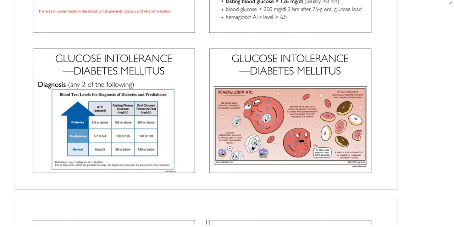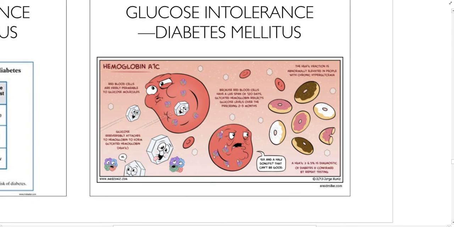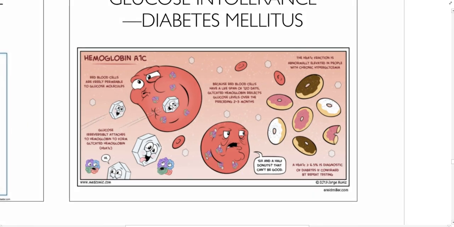And this kind of puts it into another way to look at it. A1C, this is actually a pretty good chart to show what A1C is and how it works. So we've got here our little glucose buddies. These are 5 or 6 carbon sugars to indicate glucose. We have here our red blood cells, and we have here our hemoglobin.